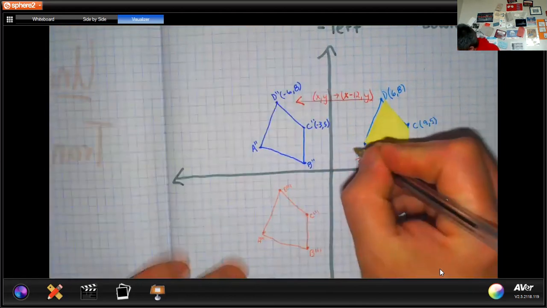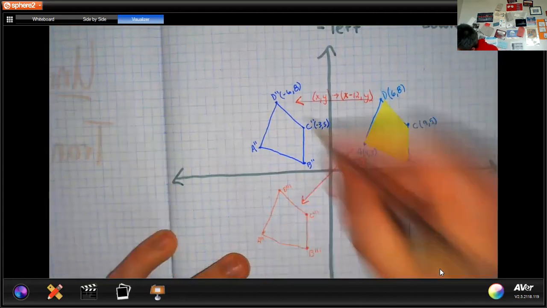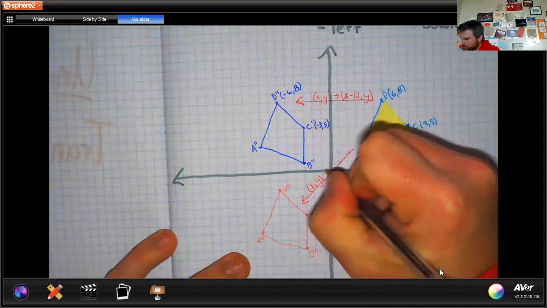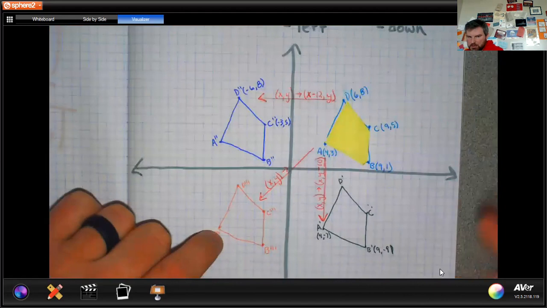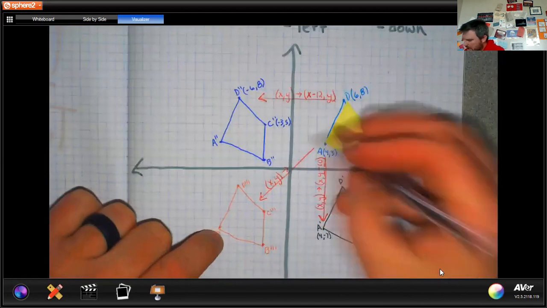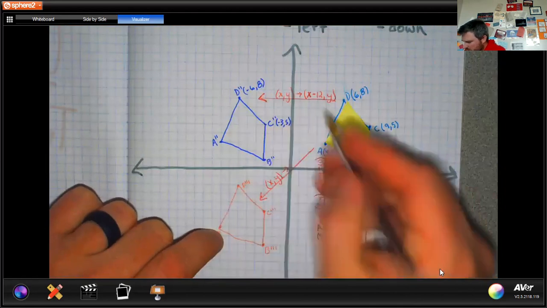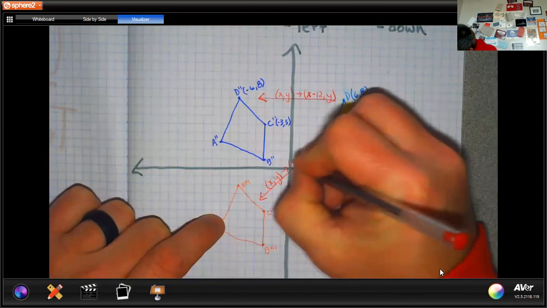So we can write a rule going from here to here. Again, it starts as X, Y. And then we have to add both the up, down, left, right movements. So I went left 12, so X minus 12.